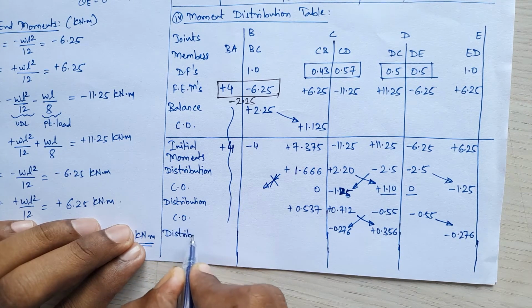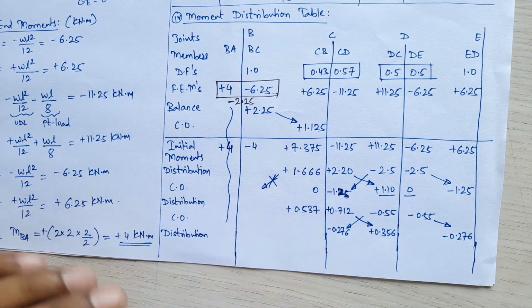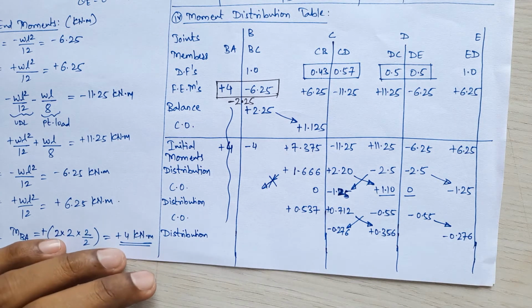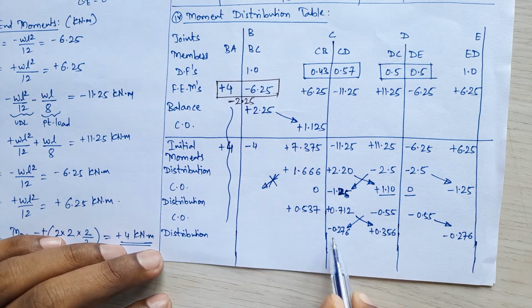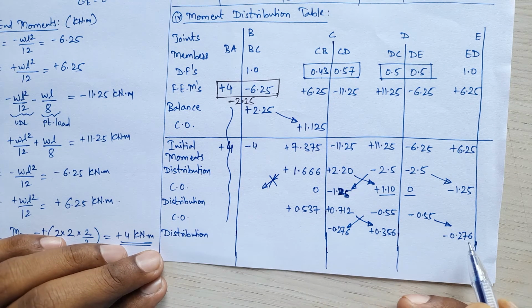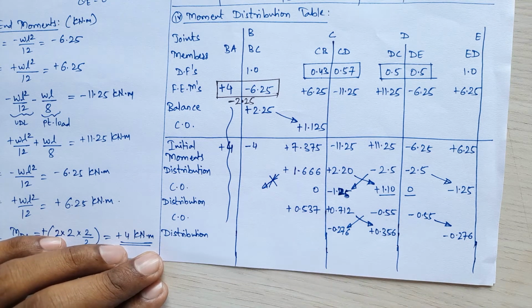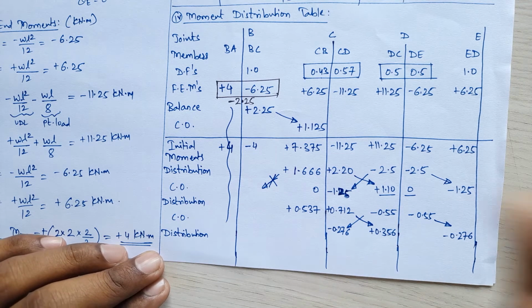And lastly, again you have to do the distribution. At least you have to repeat 2 to 3 cycles in this moment distribution table, or you have to repeat the cycles until you are getting these values in 0 point something. If you are getting these values, you leave the table. But where do you leave the table?